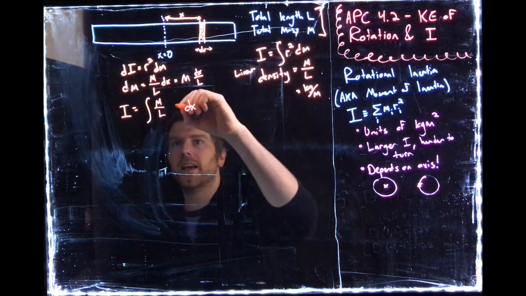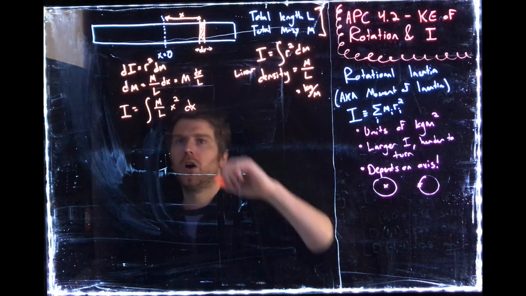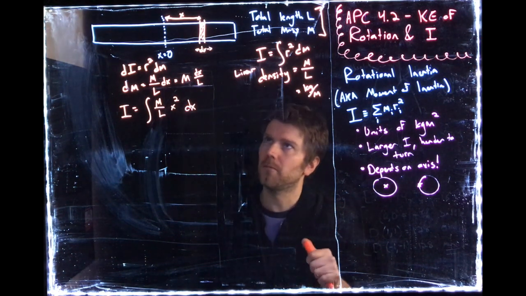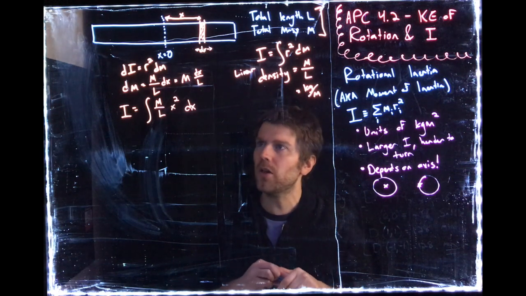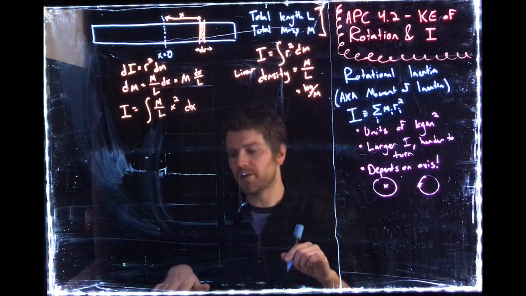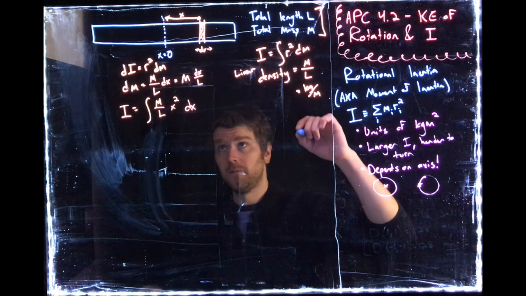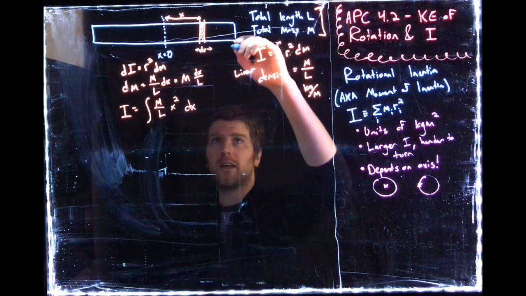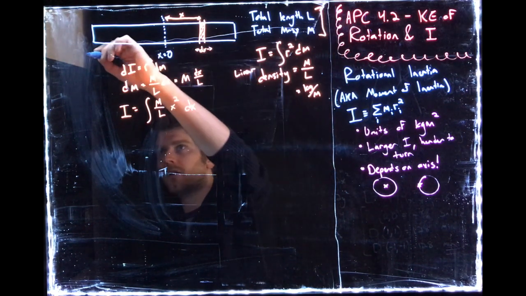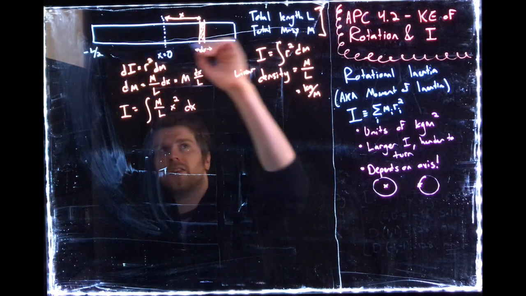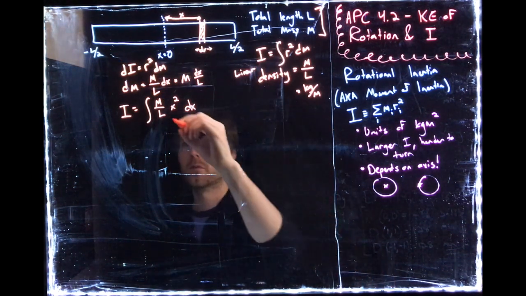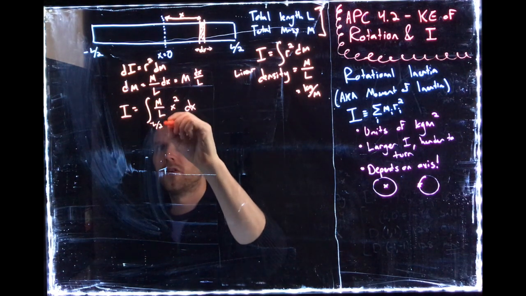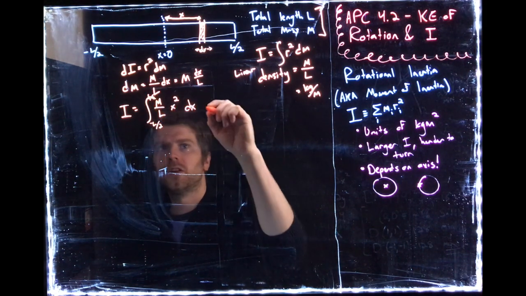Well, I'm a distance x away from my axis, from my point of rotation. Now all I have to do is set the boundaries on this. Notice by setting the middle to 0 and having a total length L, this goes from negative L over 2 to positive L over 2. And this allows me to solve it.